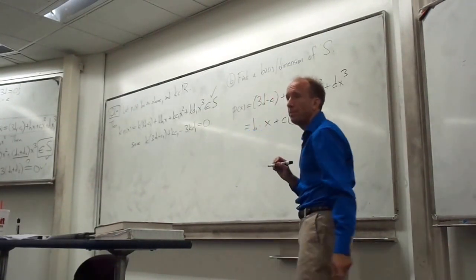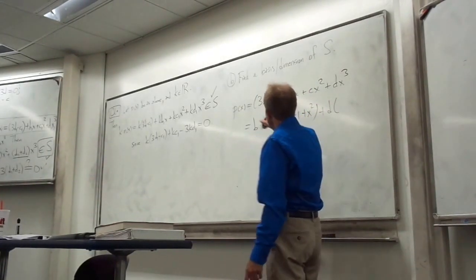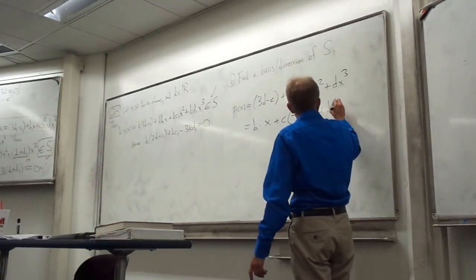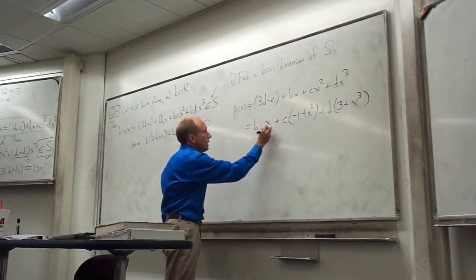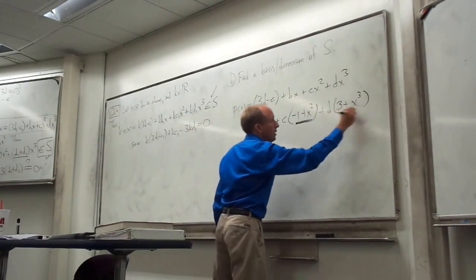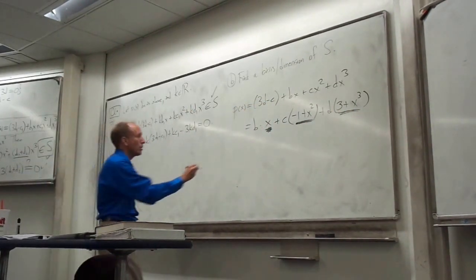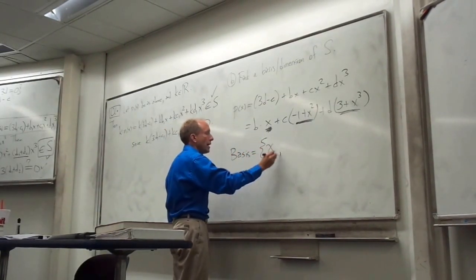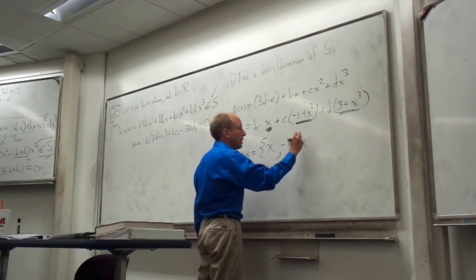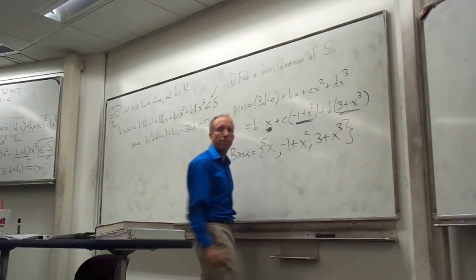And then I want to bust out the D, and that leaves me with a constant 3 there, and then plus x cubed. So these guys become your basis. So your basis is x, minus 1 plus x squared, and 3 plus x cubed.